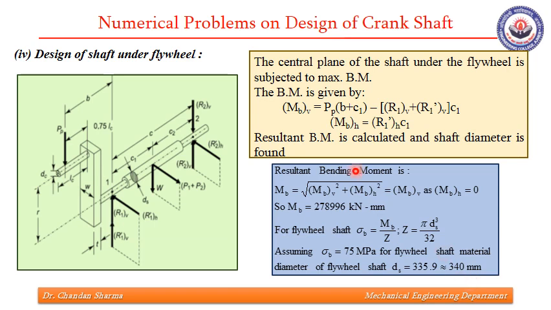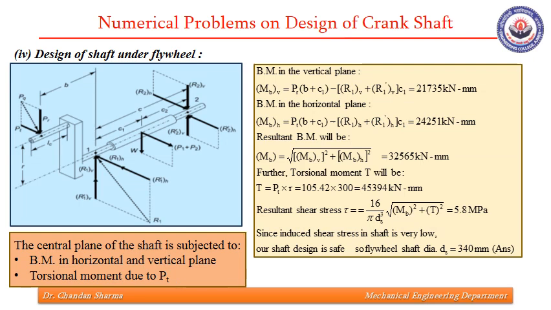So with these data we found the diameter of the shaft as 335.9, or say 340 mm. Now we need to check whether this diameter of the flywheel shaft will have safe stresses for the case of the crank at some angle. The central plane of the shaft will be subjected to bending moment in the horizontal as well as vertical plane, and then torsional moment due to the PT force.